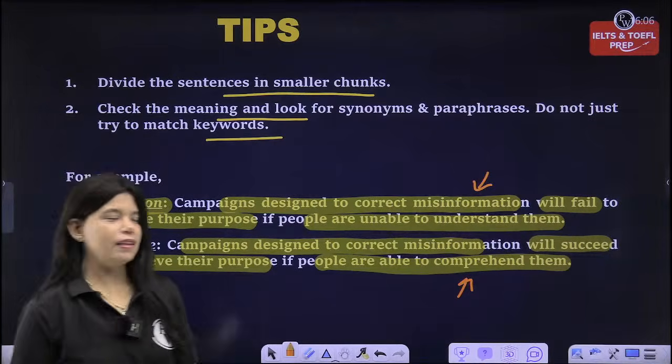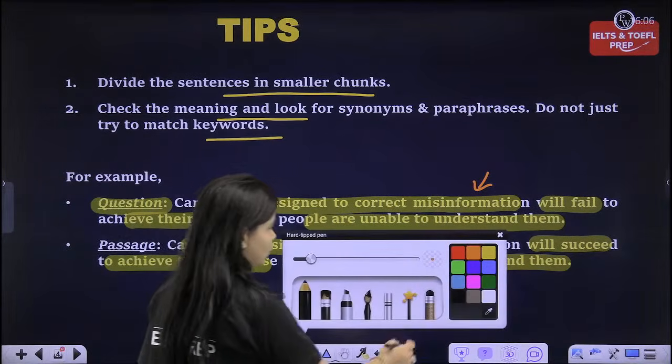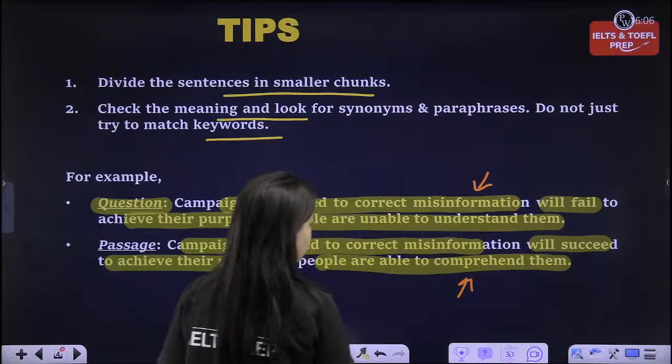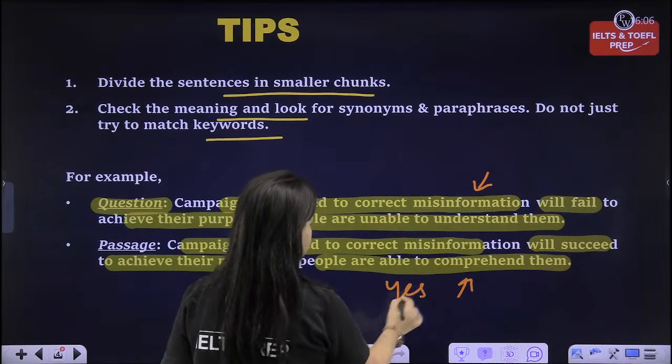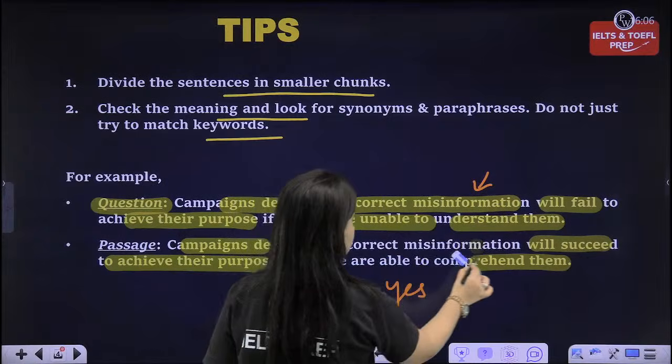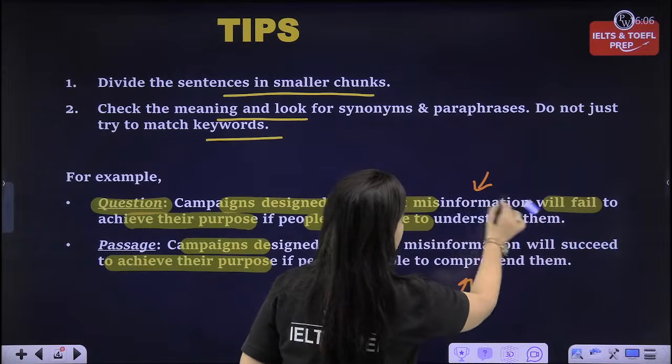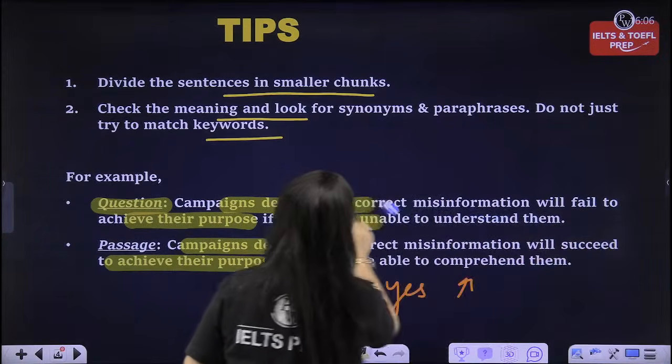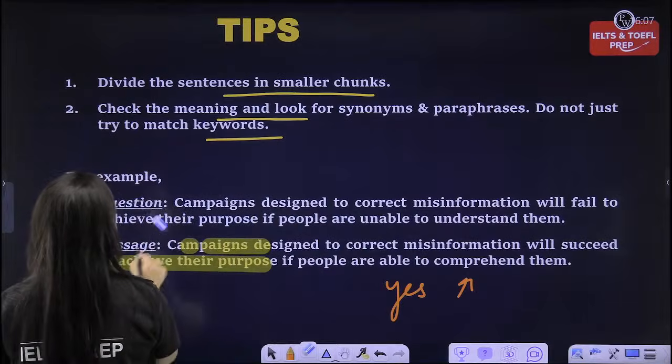All right, let me break it down. Shanu, yes, you are right. The answer is yes. Let me make you understand what I'm trying to say through these two statements.